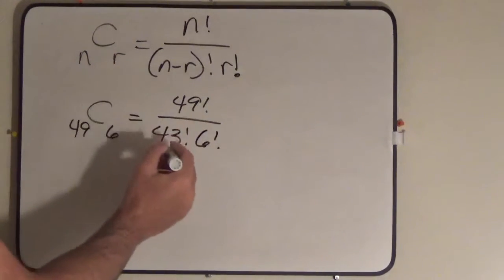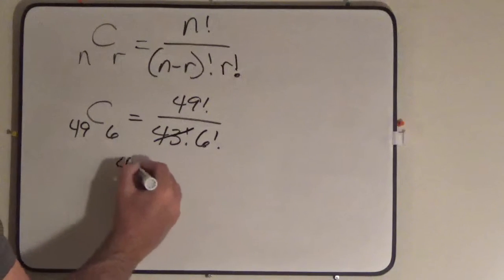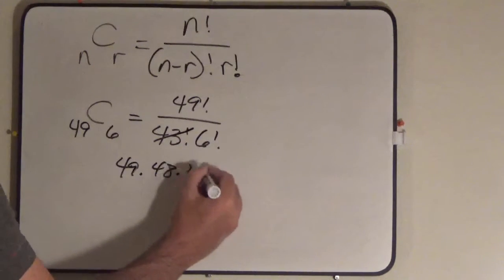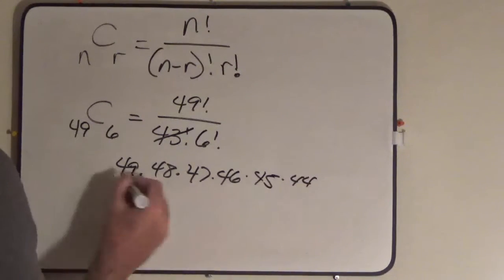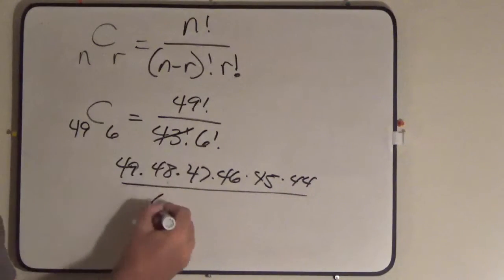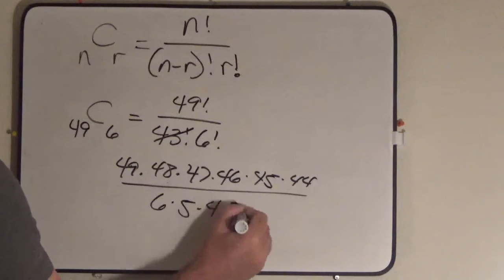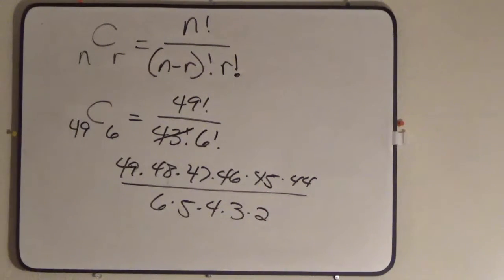I don't need to carry 49 down past 43, so that'd be 49 times 48 times 47 times 46 times 45 times 44 over 6 factorial, which is 6 times 5 times 4 times 3 times 2 times 1.